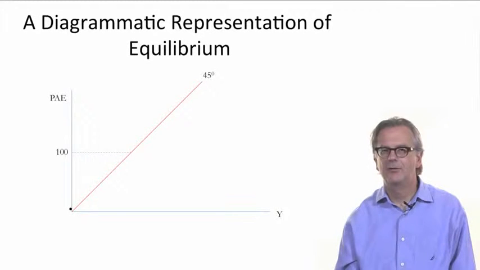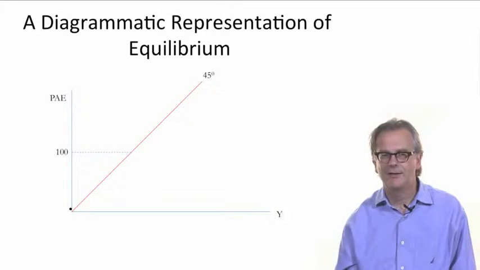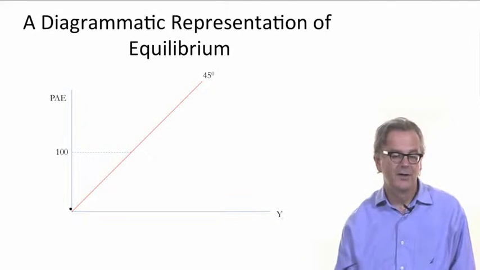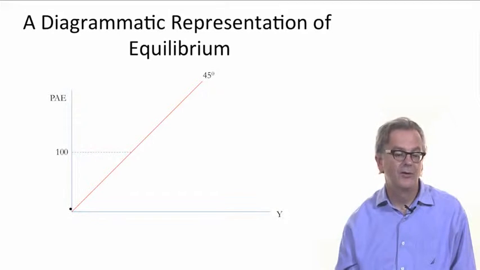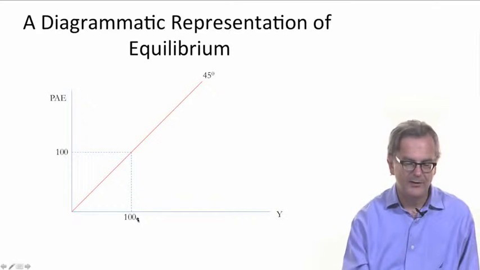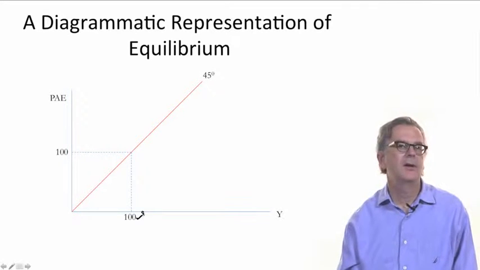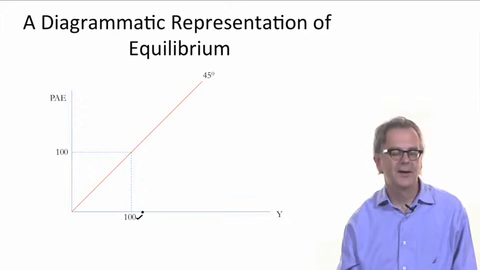Now, where that number comes from will develop in more detail in our next lecture. For the moment, let's just assume that our households, firms, government and foreign residents have decided that over the period we're talking about, what they would like to plan for is a flow of expenditure equal to 100. If over that period it turns out that firms in the economy also produce 100, then we are looking at a situation that matches our definition of equilibrium.